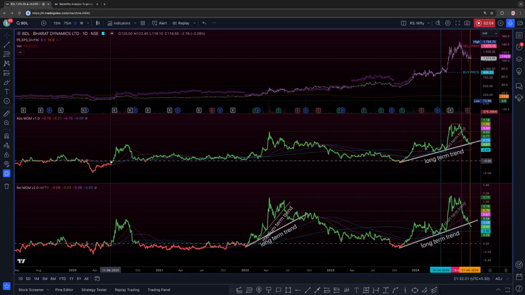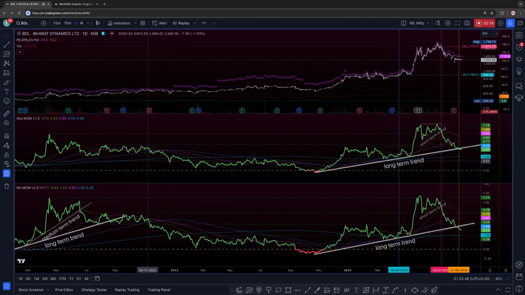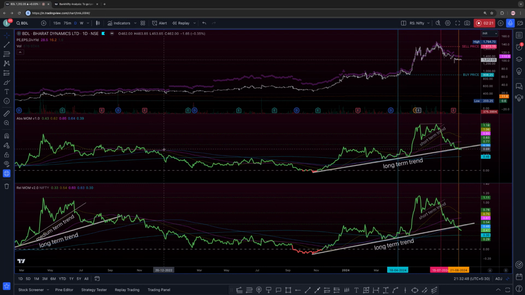Whenever it is green, we will be seeing positive price action. Also, more importantly, we should be looking at the trend of the absolute momentum, whether it is trending up or trending down, which is quite useful when we are looking at going long or short on a stock.